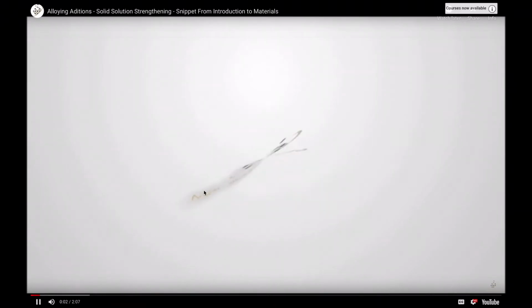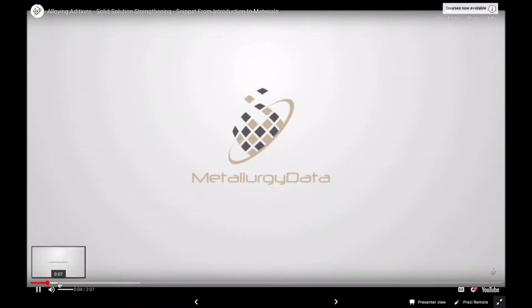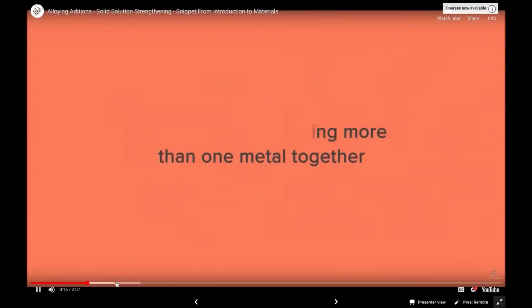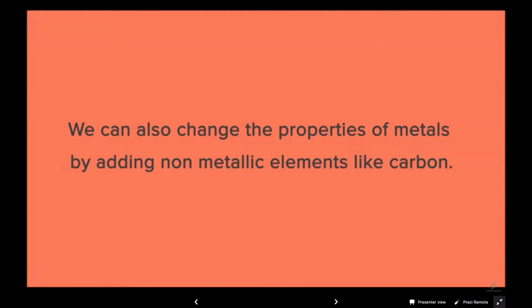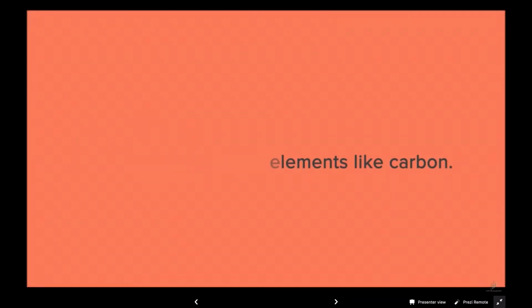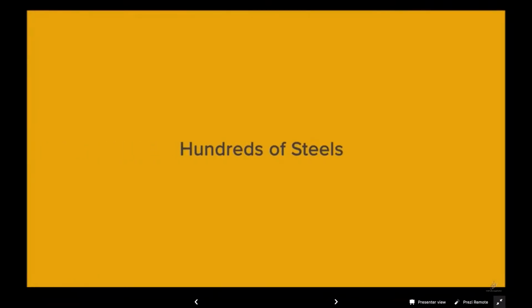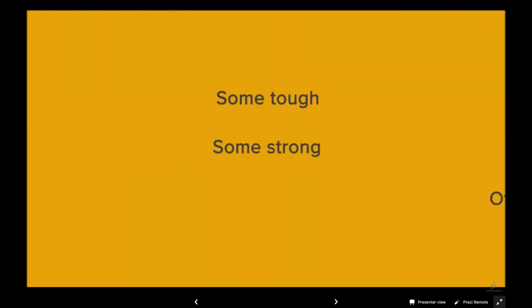This is how the alloying works. Let's say one by one. We can change the property of metals with impurities or non-metallic elements, like carbon or molybdenum, nickel.